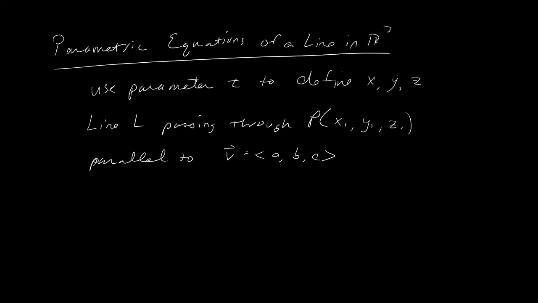So here are the parametric equations. x is equal to x1 plus A times t, y is y1 plus B times t, and z is z1 plus C times t. Now, I don't know who decided that z and c should be paired up, but they had absolutely no respect for the difficulty of keeping those things straight while we're trying to say them.